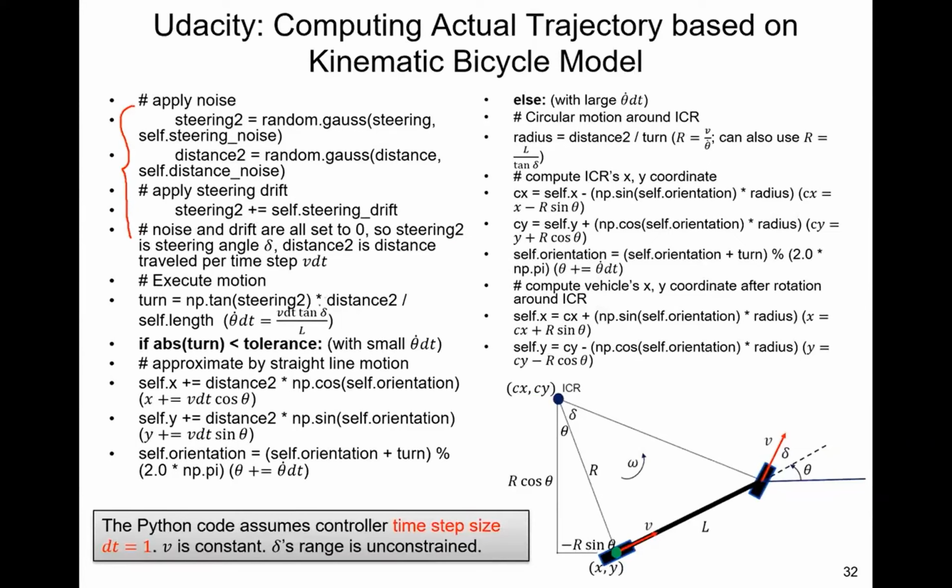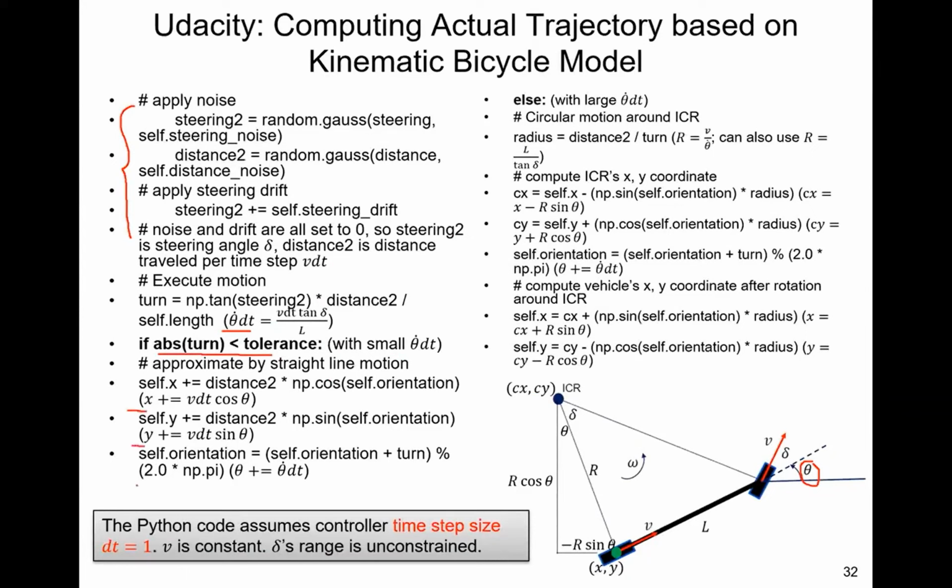And then we execute a motion. The turn is the turning vehicle turning angle, the change in theta in the time step dt. So that's theta dot times dt. If the change in vehicle heading is small, if the absolute value of the turn is less than the tolerance, you can approximate this motion with a straight line motion with the approximate equation we saw before.